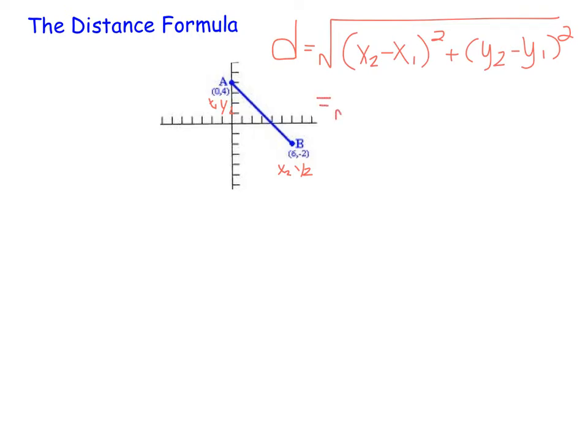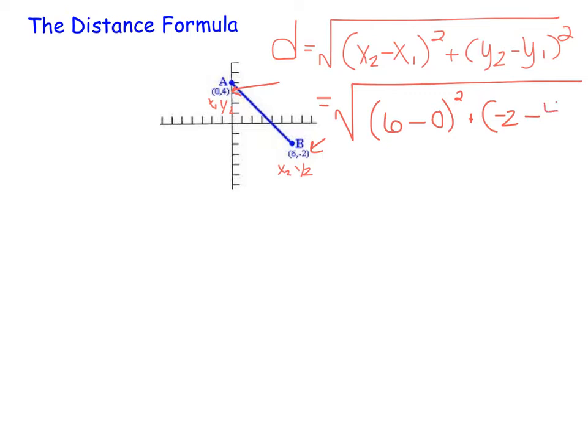So if we substitute in these points, we're going to find x2 is 6 minus x1, which I can see is 0, squared, plus y2, I can see down here, is negative 2, minus y1, which is 4, squared. So I've taken x1 and y1, x2 and y2, and substituted them in.